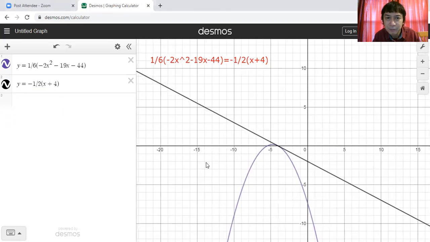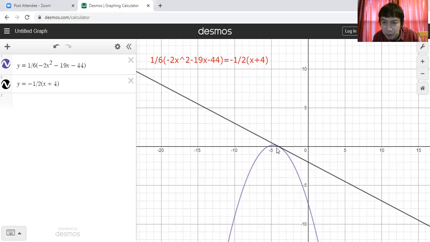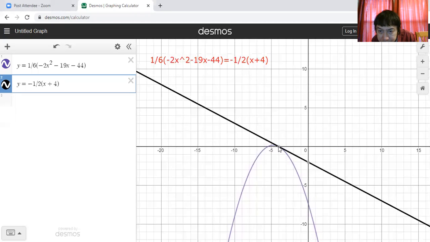We can see the intersection point. That should be somewhere at negative 4. That should be at negative.